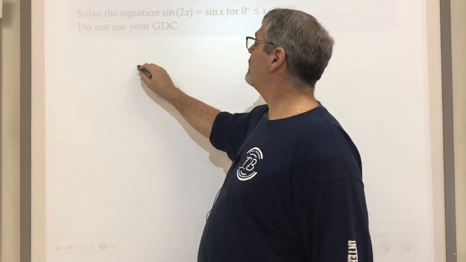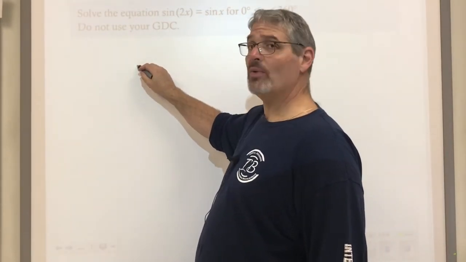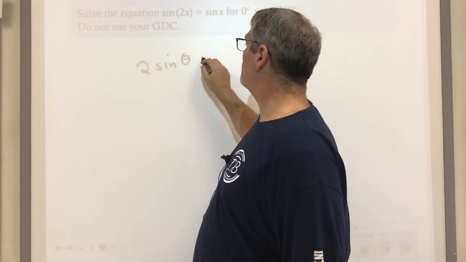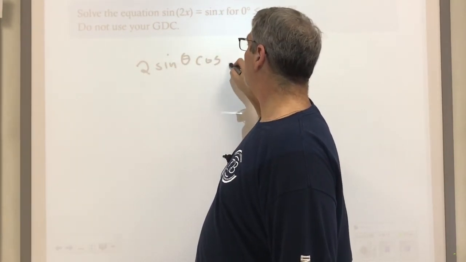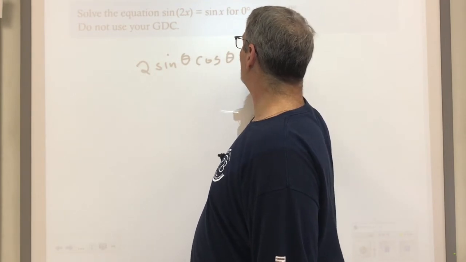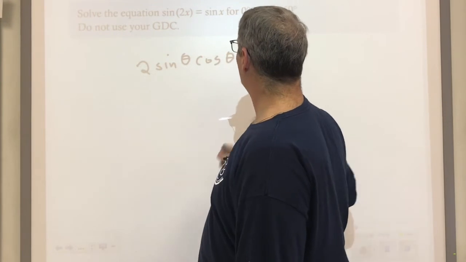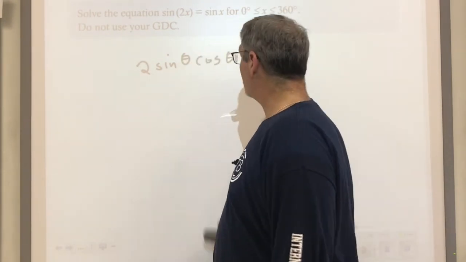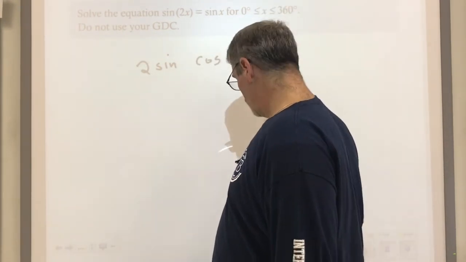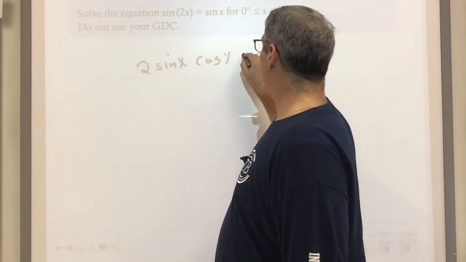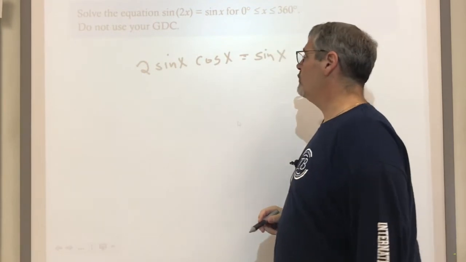So here, sine of 2x, I'm going to rewrite it as 2 sine theta cosine theta is equal to the sine of x. Oh, they're using x instead of theta. I'm just so used to using theta. Sometimes it's hard for me to use x.